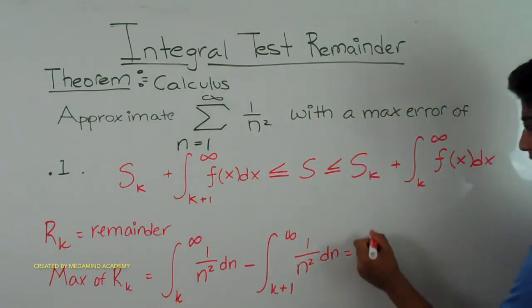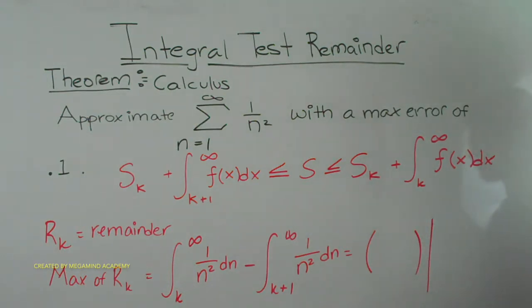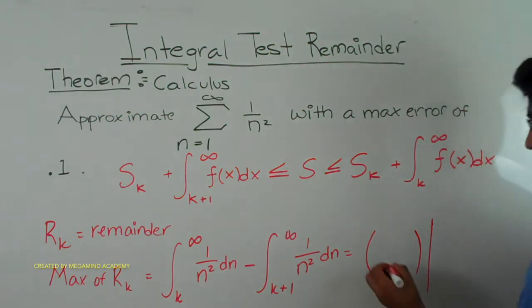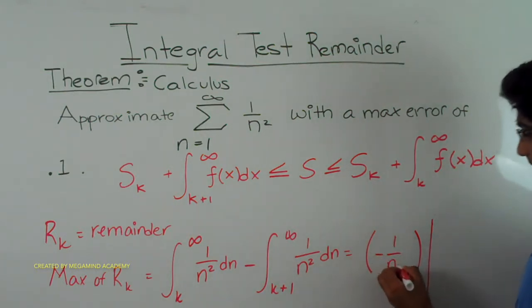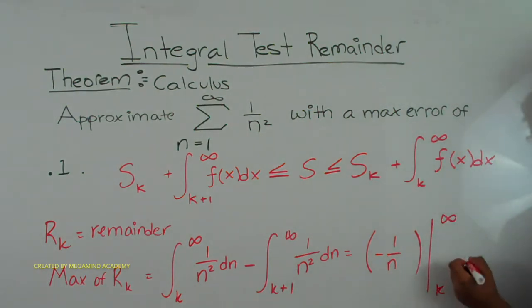Now I'm not going to do the limit of t or anything like that because we are running low on time. So this is equal to negative 1 over n, evaluated from k to infinity.